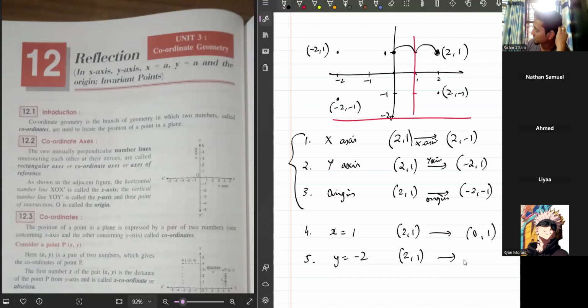Come on, tell me. Waiting, come on. Wait, where is the point? Same point, 2 comma 1, reflecting on the line y is equal to -2. Tell the point. Anyone else?